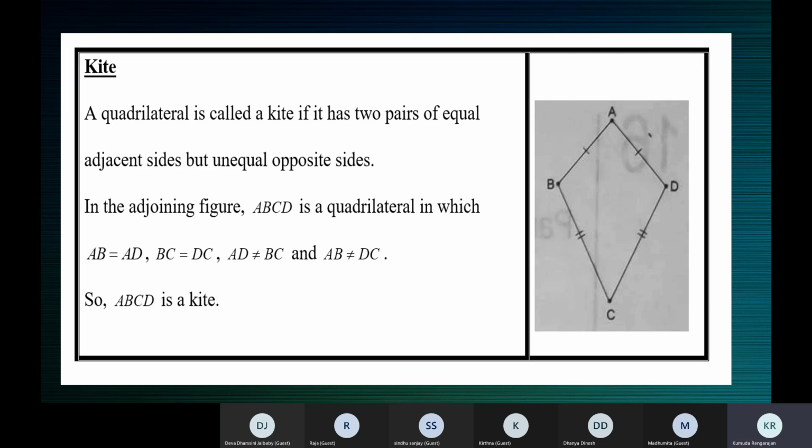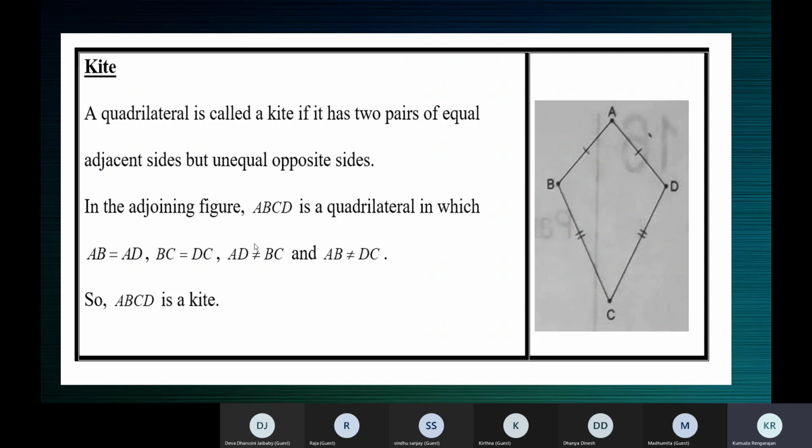In a trapezium, one pair of opposite sides is parallel. In a parallelogram, both the pairs of opposite sides are parallel. In a kite, opposite sides are not parallel.